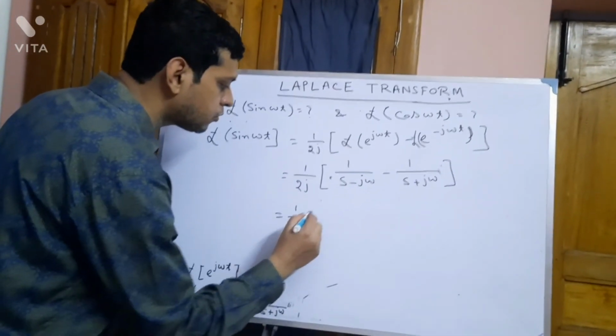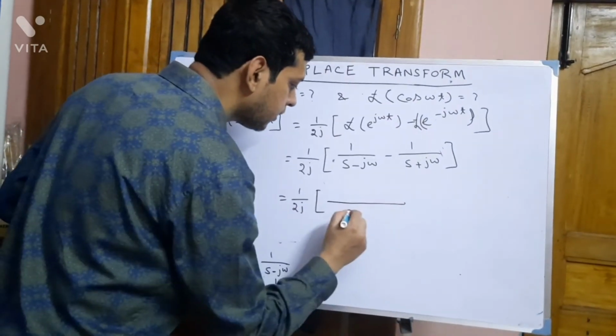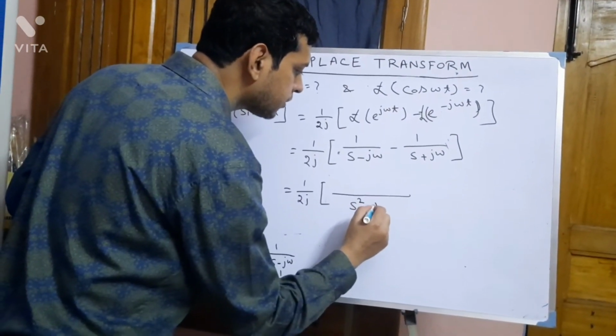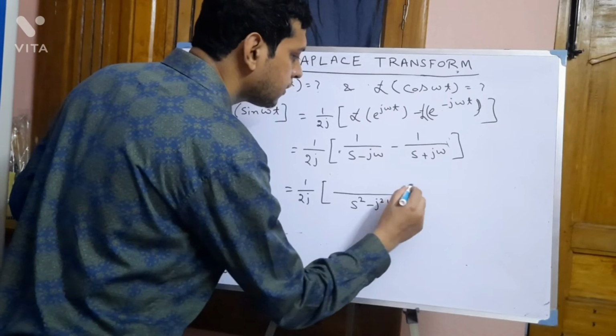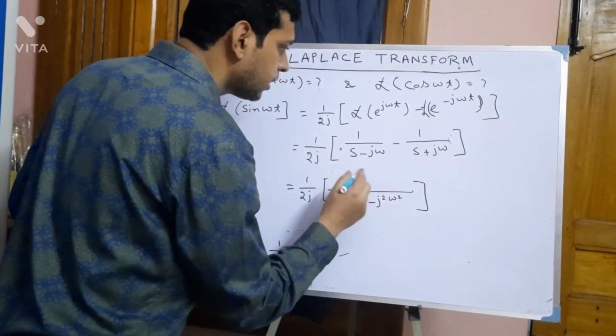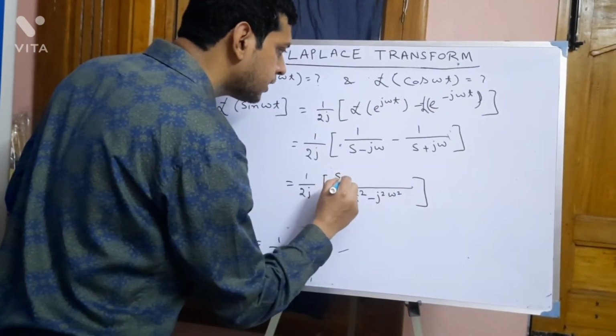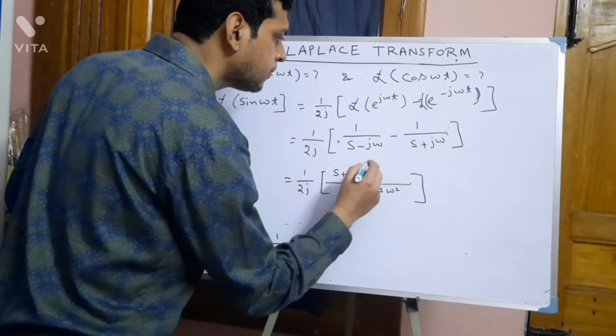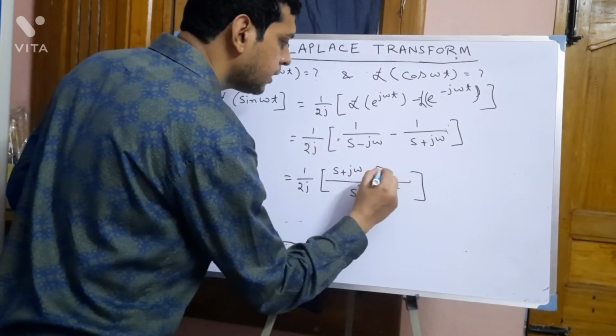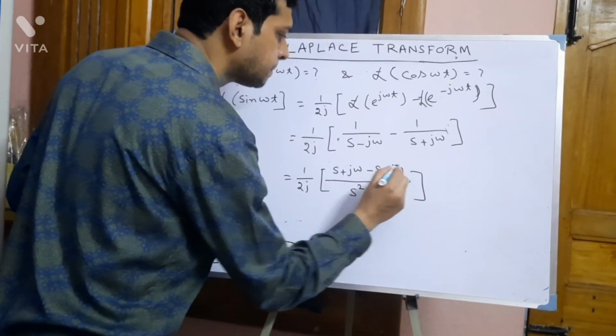This is equal to, at the denominator, s square minus j square omega square, and in the numerator we will get s plus j omega minus s plus j omega.